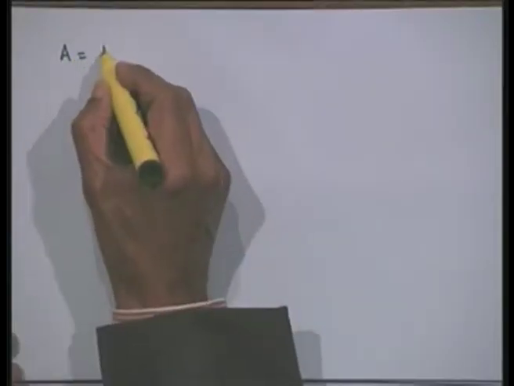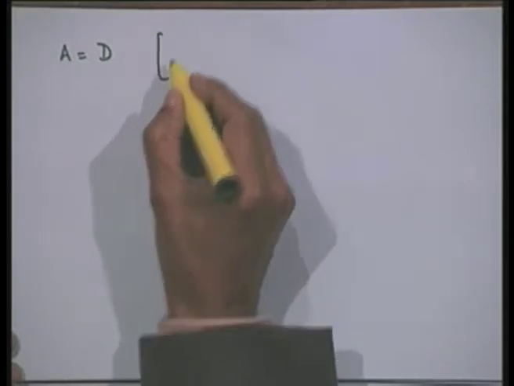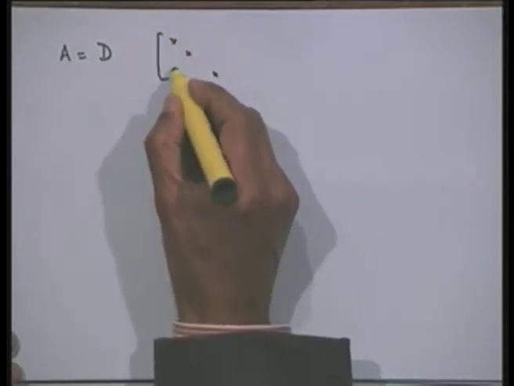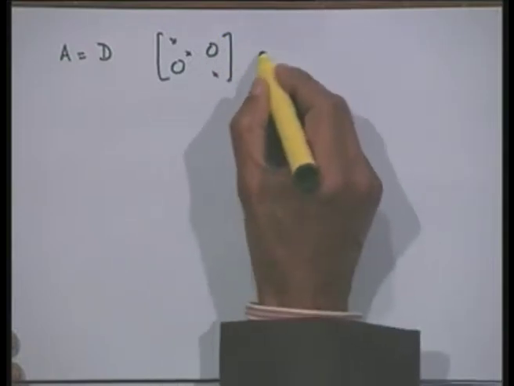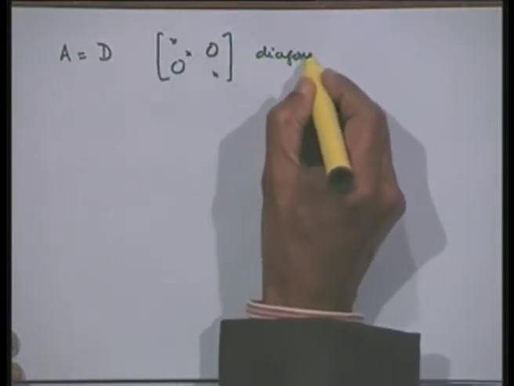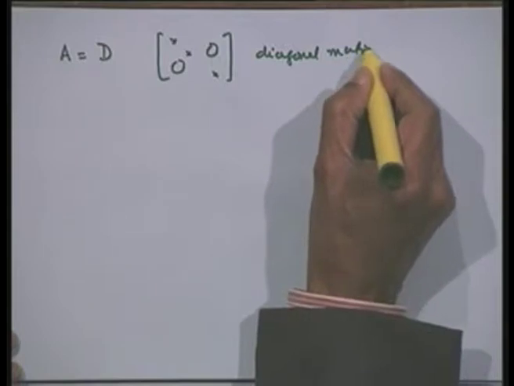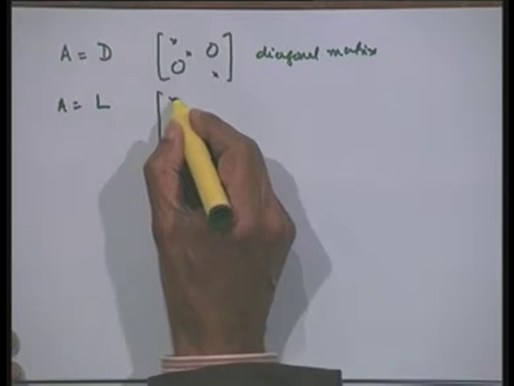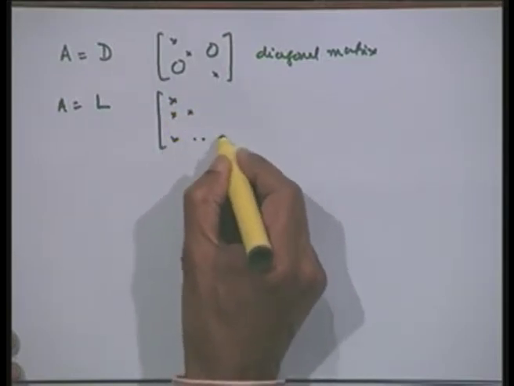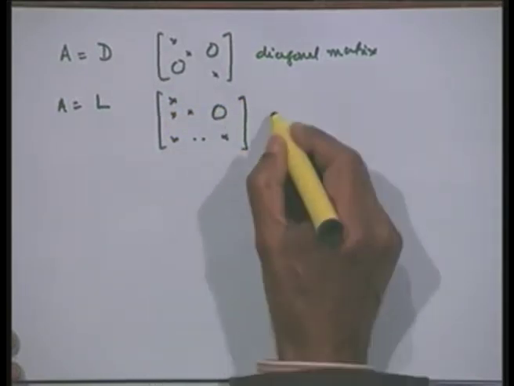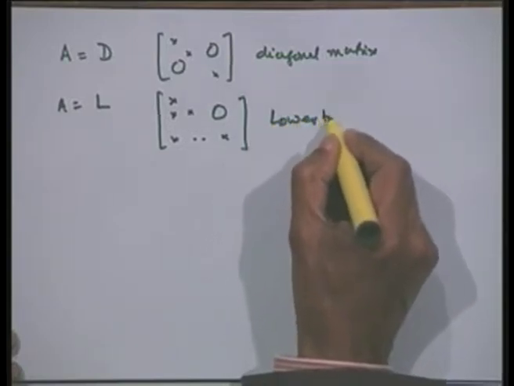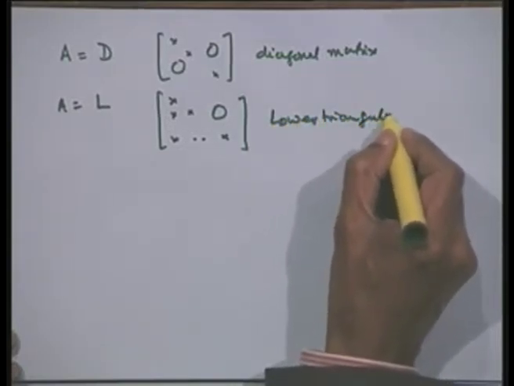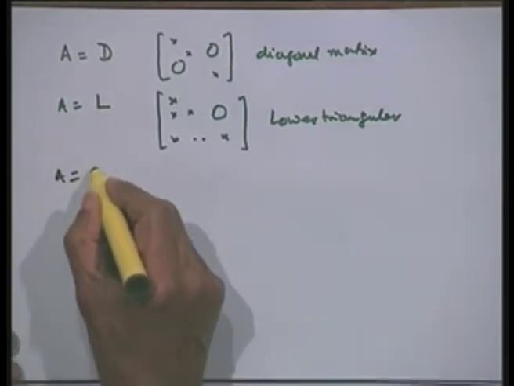Suppose that the matrix A is one of three special forms: a diagonal matrix, or a lower triangular matrix, or an upper triangular matrix.